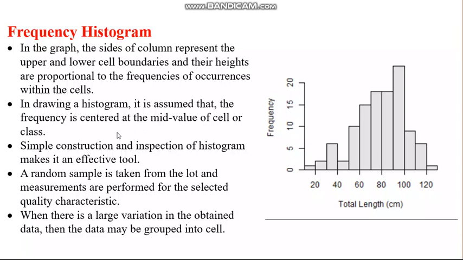Okay, in drawing a histogram, it is assumed that the frequency is centered at the mid value of the cell or the class. Everything that falls within one cell is assumed to be at the center.